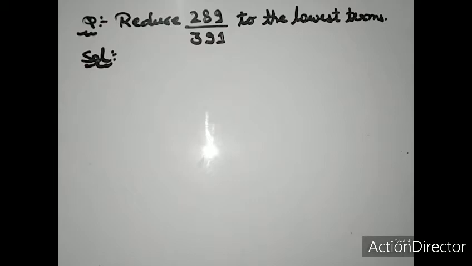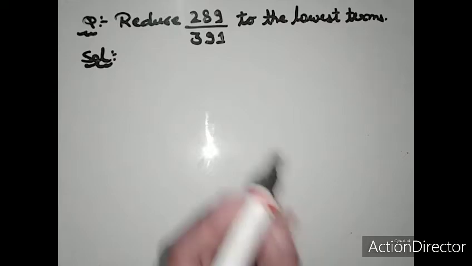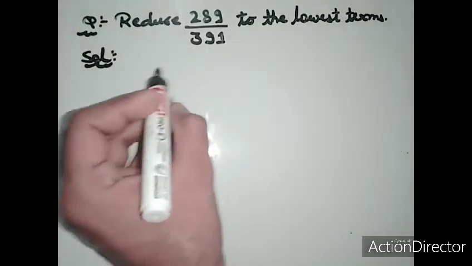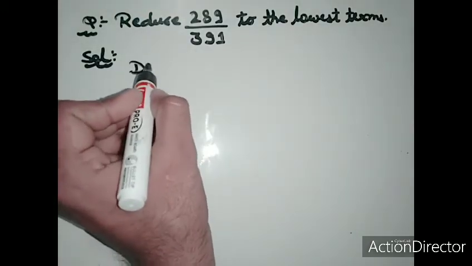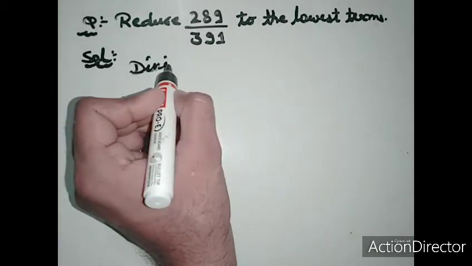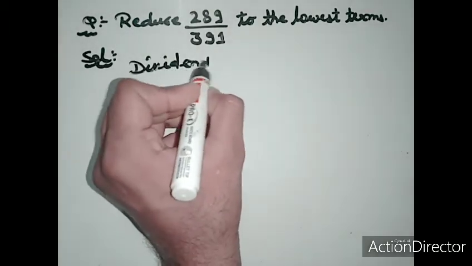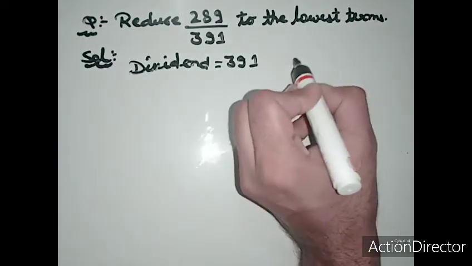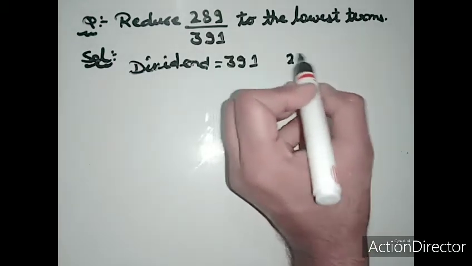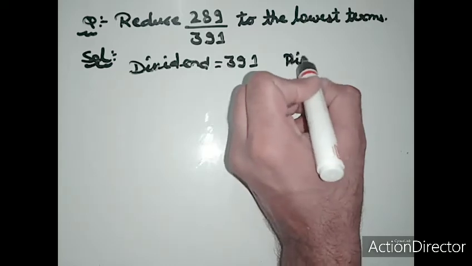So here we divide its numerator and denominator by their HCF. Okay, so first we find the HCF of these two numbers. So here 391 is greater, so we take 391 as a dividend and 289 as a divisor.